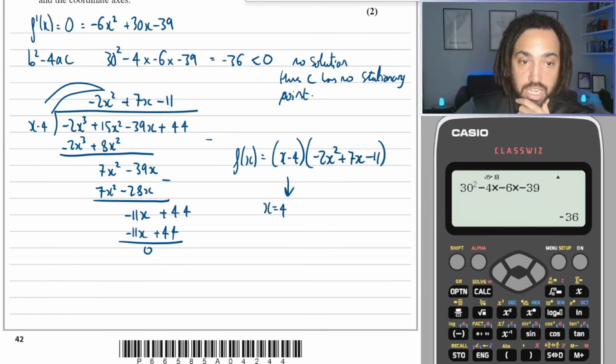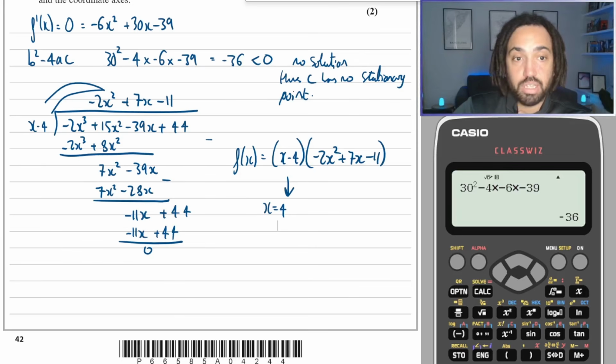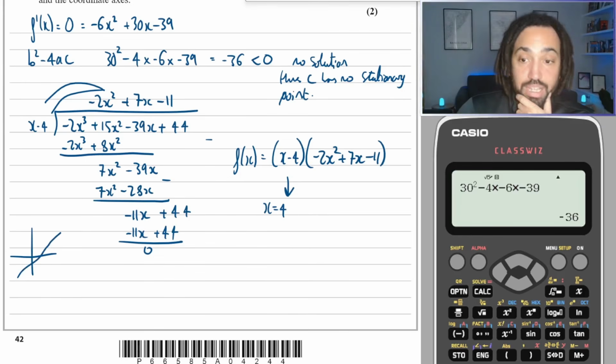Of course, you could check to see if the quadratic has no solutions, but I know it's not going to have any solutions because the cubic has no turning points. So a cubic with no turning points is just going to go through the axis just once, like this, at x equals 4.